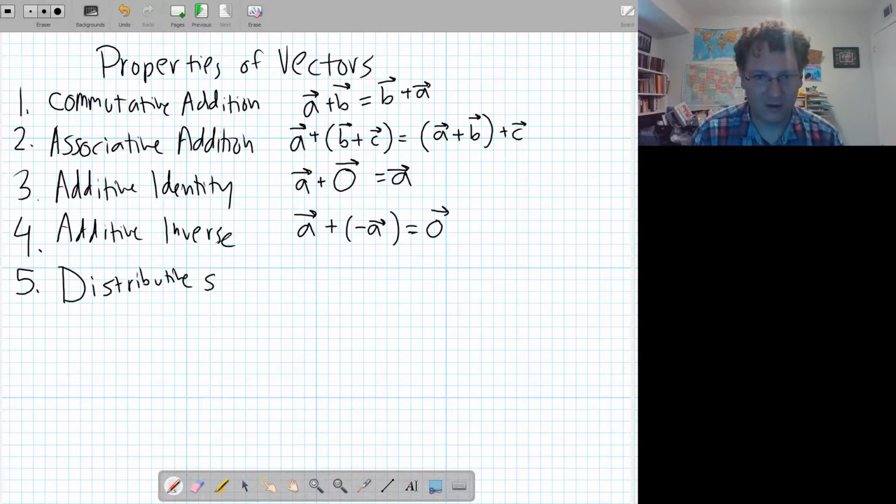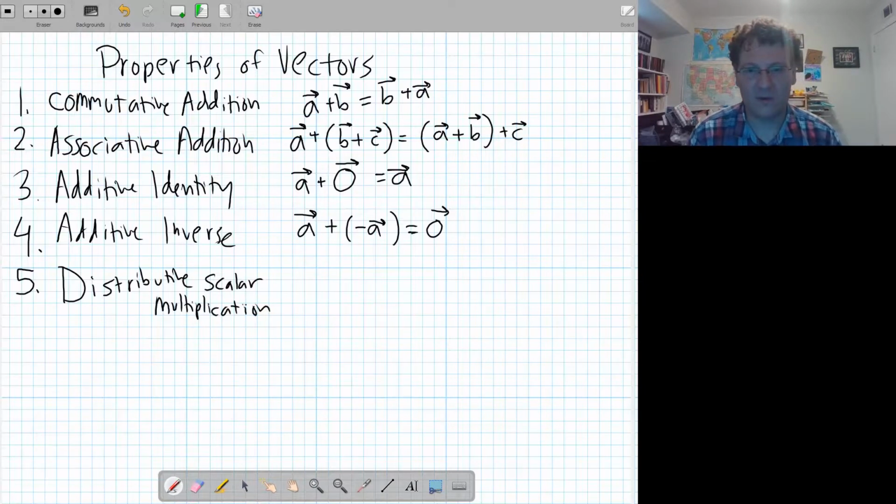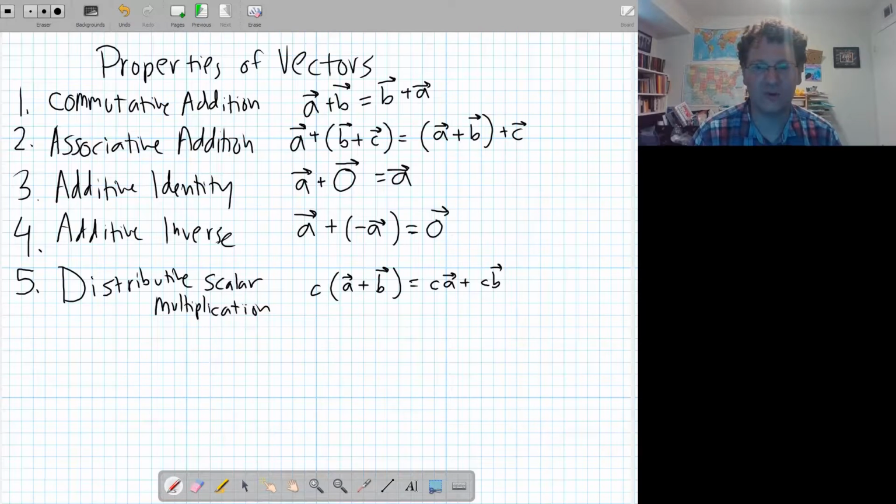Let's see. Distributive scalar multiplication. So if you have some scalar times vector addition A plus B, this is going to be CA plus CB. The scalar would distribute to both of those vectors.